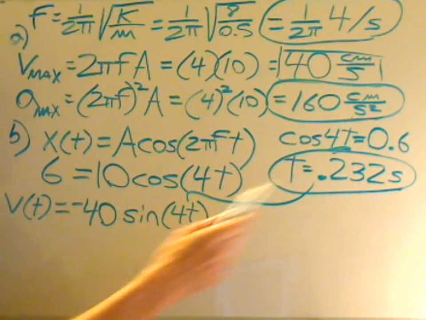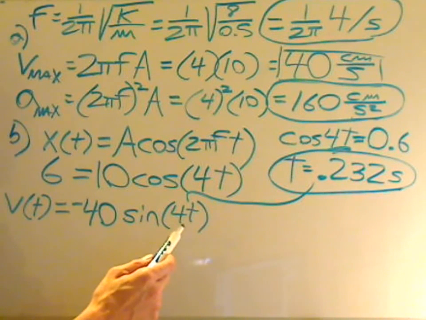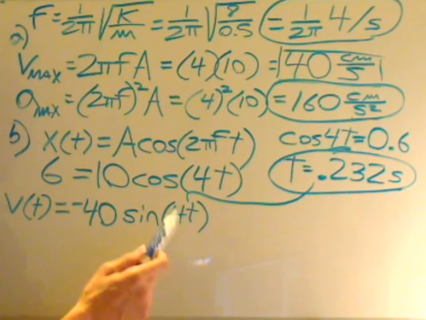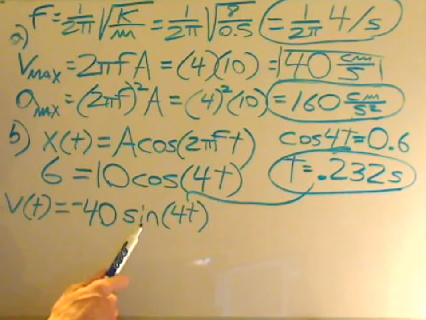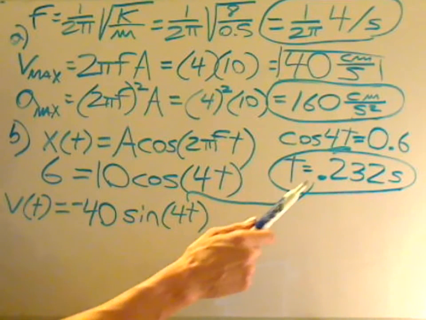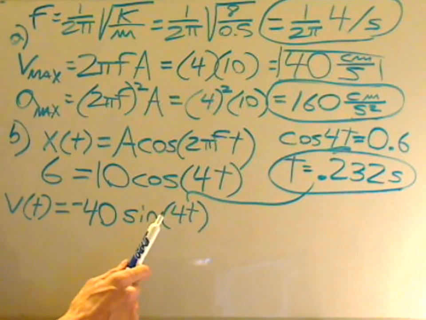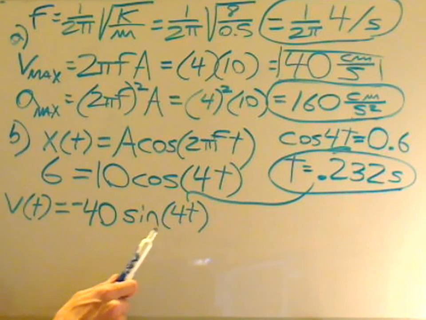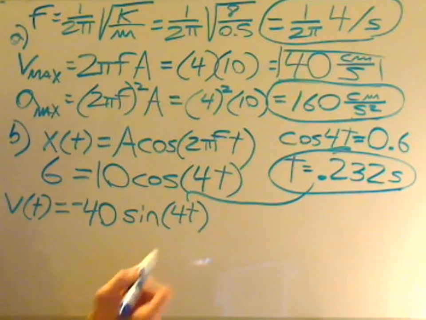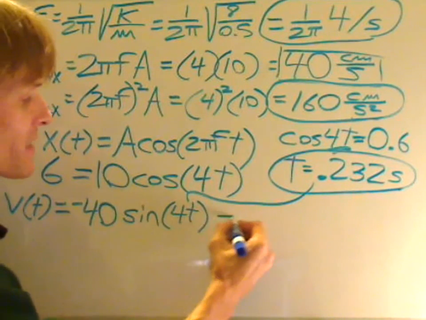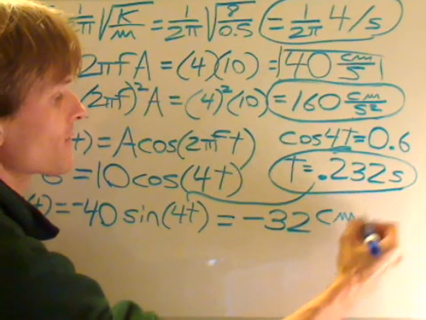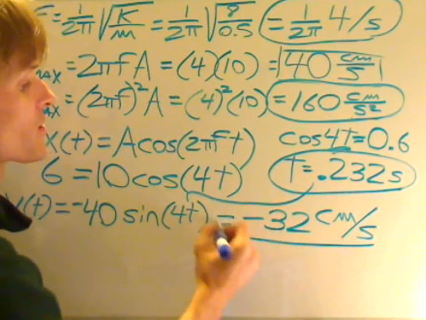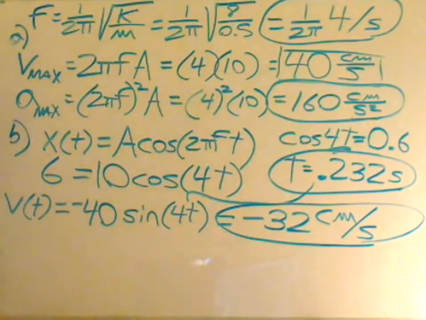So 4 times 0.232. Make sure your calculator is in radian mode, not degree mode, and take the sine of that value. That gives you 0.8. 40 times 0.8 is negative 32 centimeters per second. So there's the velocity when it's at x equals 6 centimeters.